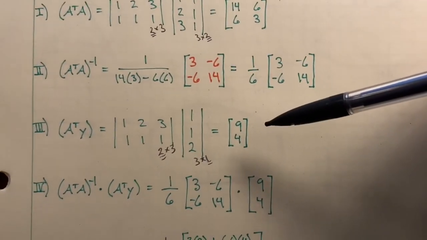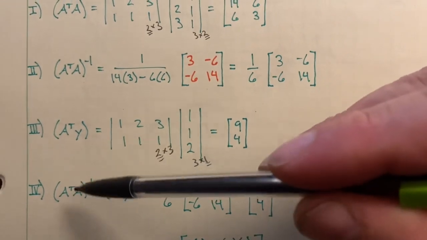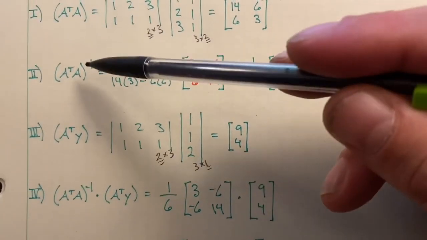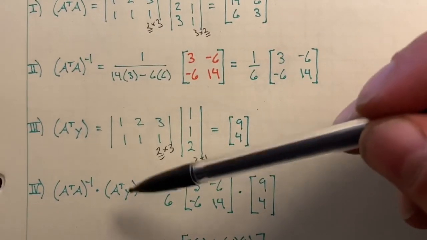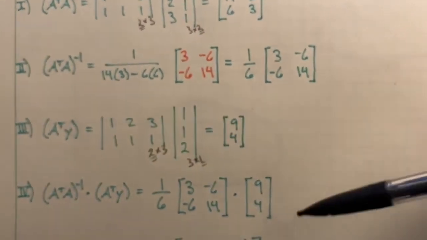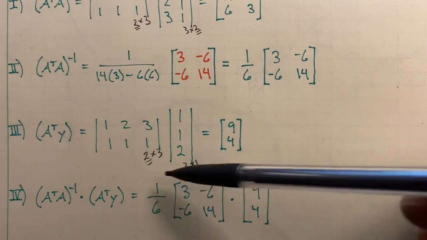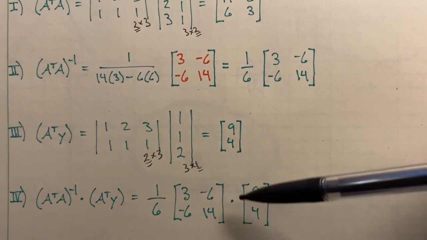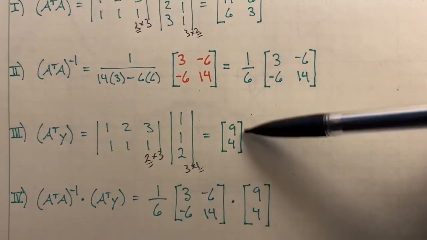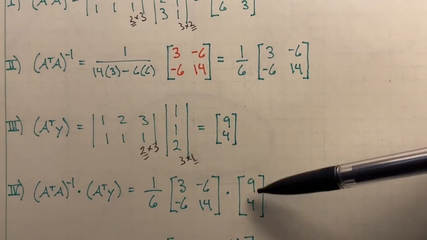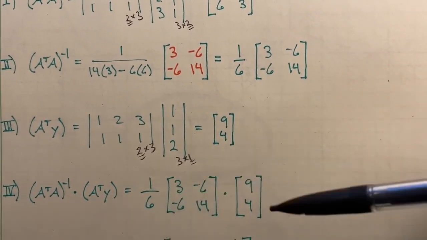Now let's put it all together: A transpose A inverse from step 2 and A transpose Y from step 3. So this just carries on right down here in the same form, and now we will multiply it by our A transpose Y, which was this one here. I like to leave the fraction on the outside for the meantime.